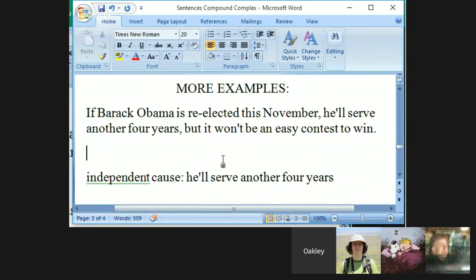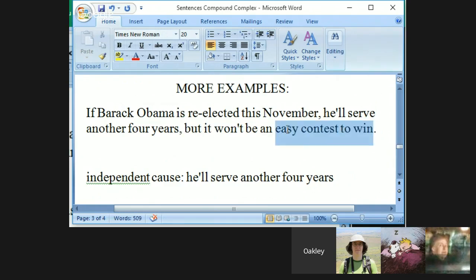Okay. Is it possible? It is. I'm telling you it's possible. Can you see how it might be possible? Maybe start with the end clause. Start with "Obama won't be an easy contest to win."